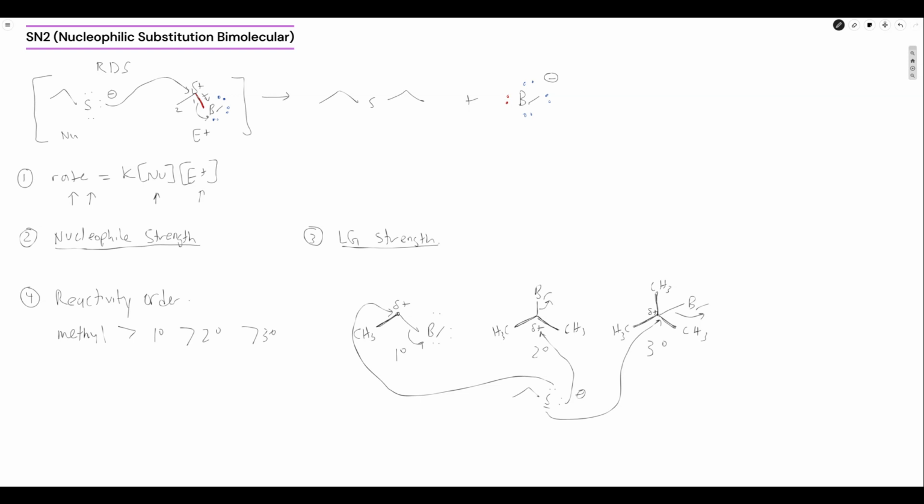And you can imagine this is kind of like a tripod almost, right? The nucleophile has to get up inside here and access this electrophilic carbon to displace the leaving group. And the more substituted it is, the harder it is for the nucleophile to get in there. And so what I'd actually like to show is if we think about a reaction coordinate diagram.